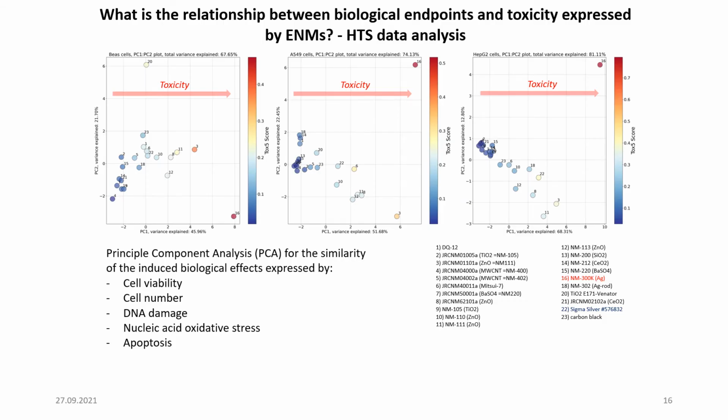And we also use the principal component analysis to look at the data that was generated by the high throughput data analysis for BEAS-2B cell, A549 and HepG2 cell. And you can see that between the first and the second principal component, we're able to explain most of the variation of the data for these three different cell types.